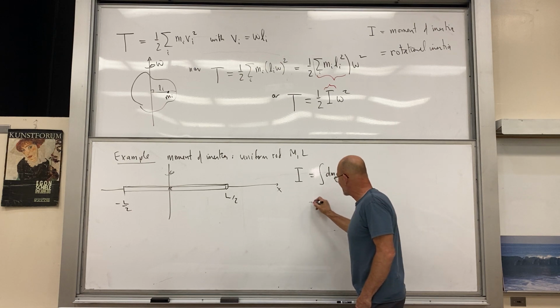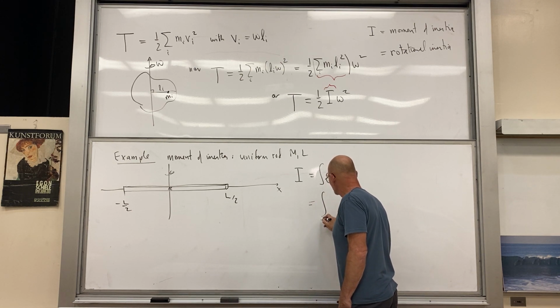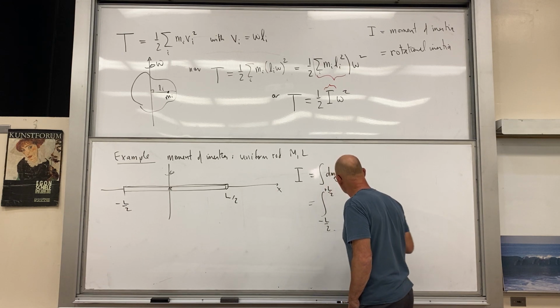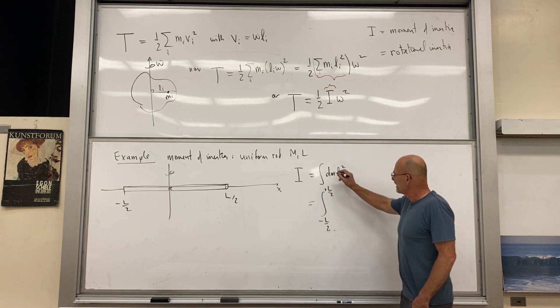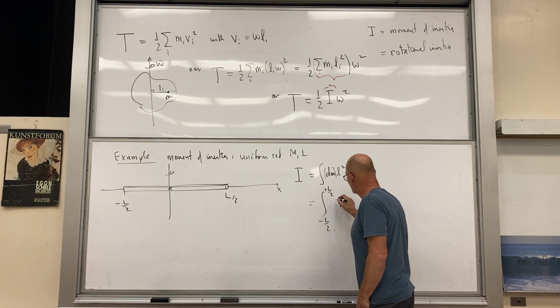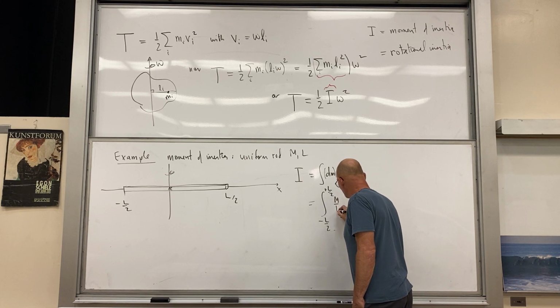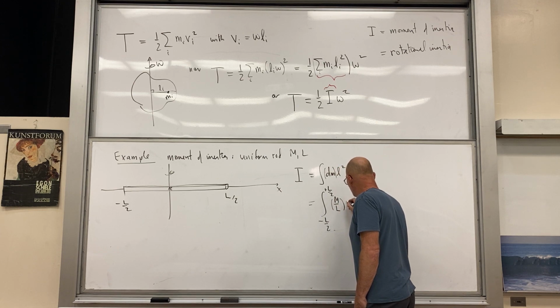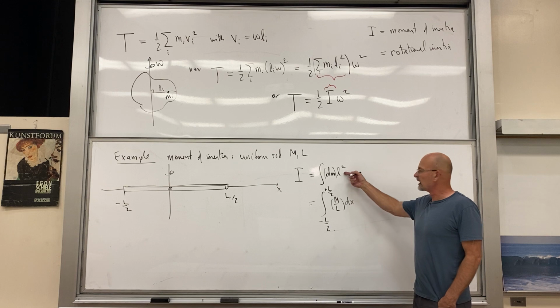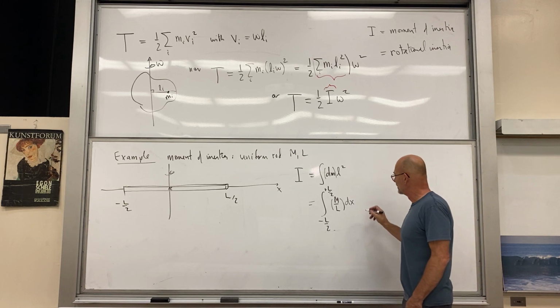In this concrete case, we're going from minus L over 2 to plus L over 2. The dm is going to be mass per length, because it's uniform, times dx, and the L squared is going to be x squared.